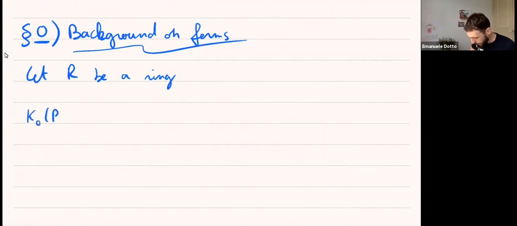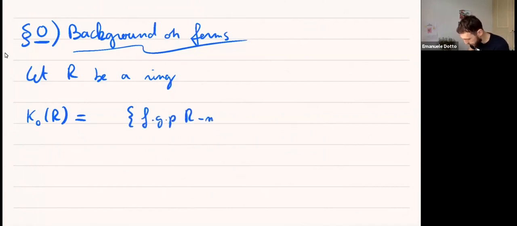The zeroth K group of a ring R is defined as follows. We look at the finitely generated projective R-modules modulo isomorphism.